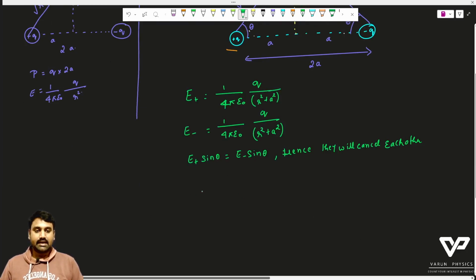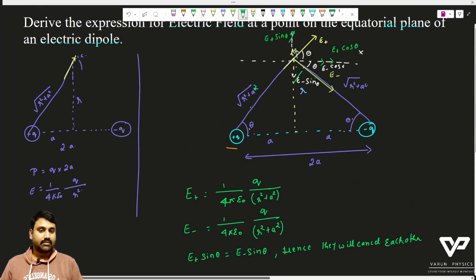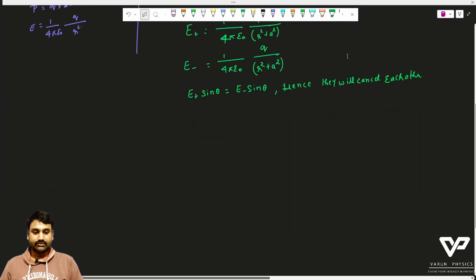Therefore, from observing this, the net electric field E is equal to E plus cos theta plus E minus cos theta. And if you observe here, the dipole moment direction is always from minus q to plus q, and the electric field is in the opposite direction of it.